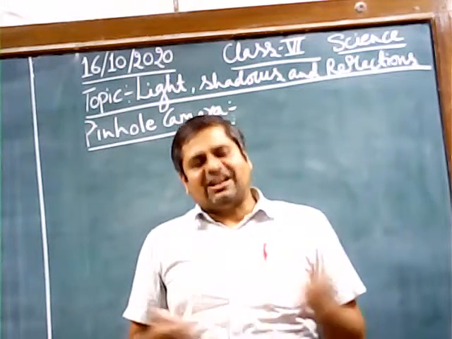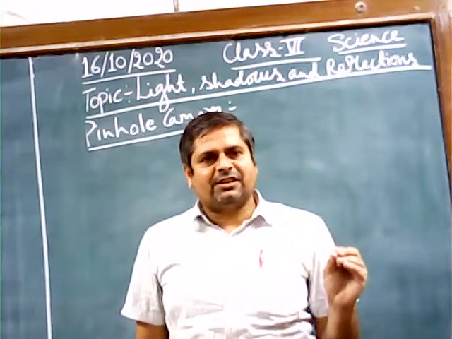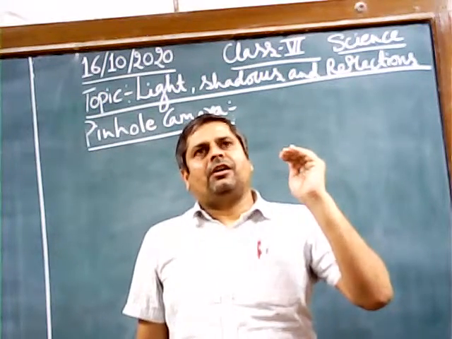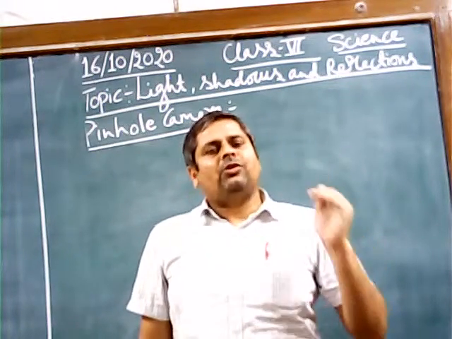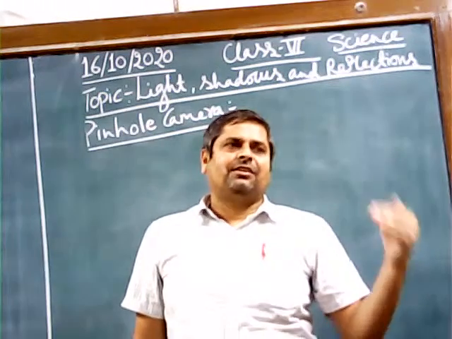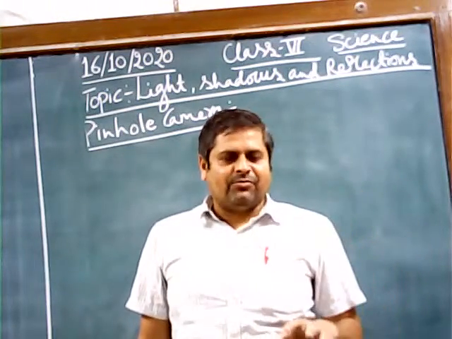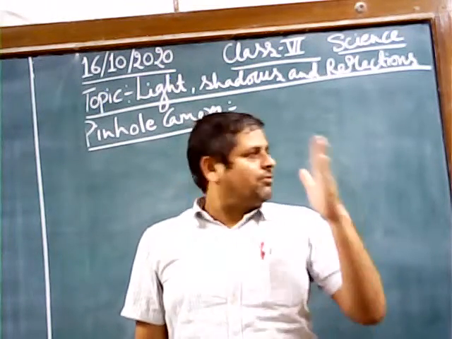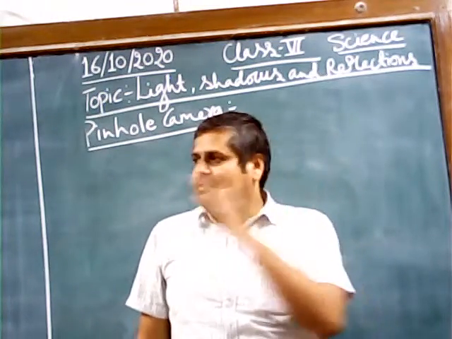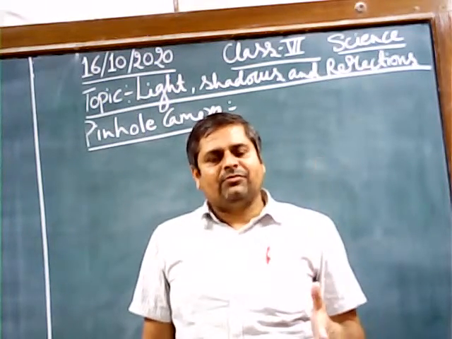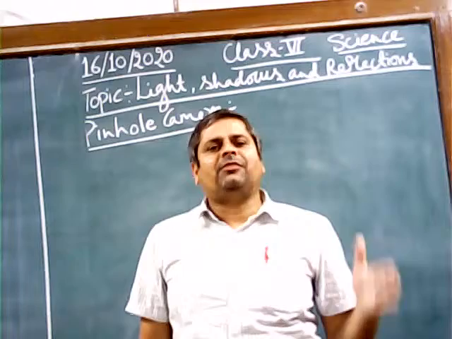Okay, so transparent objects are such objects which allow light to pass through them and hence make things visible across them. These are called transparent objects. For example, window glass, air, water, all these are transparent materials.